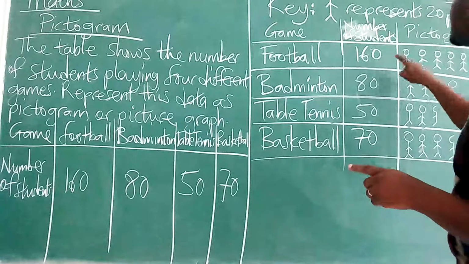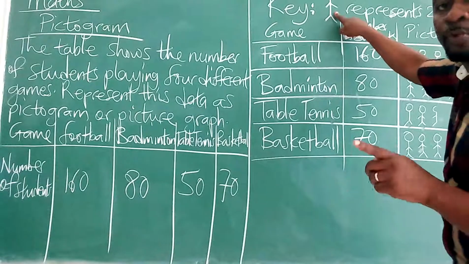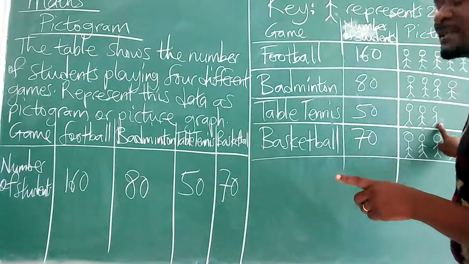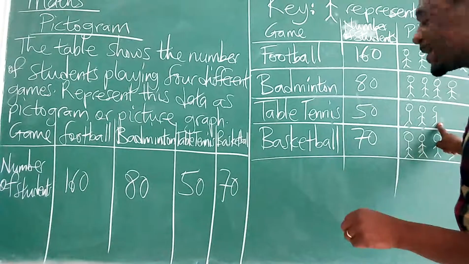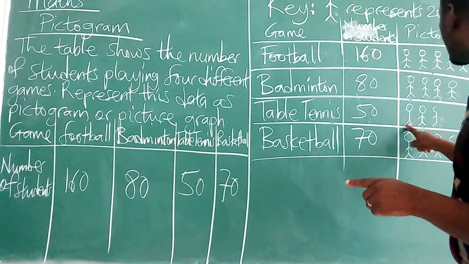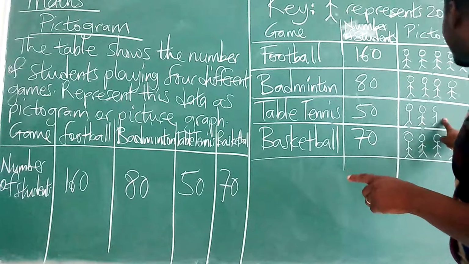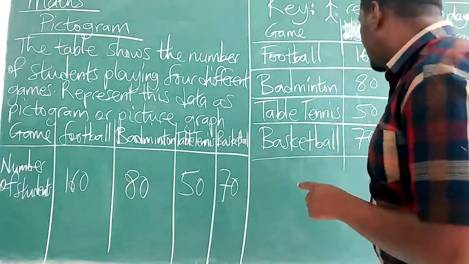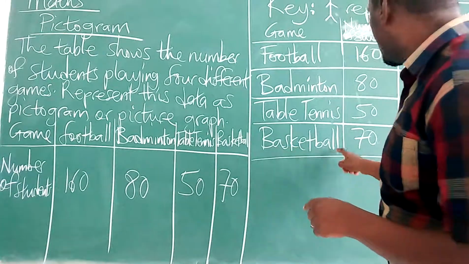That means 20 divided by 2, which is 10. So half person is 10. It's not a full person, it's half person. So 20 plus 20, 40 plus 10 is 50.